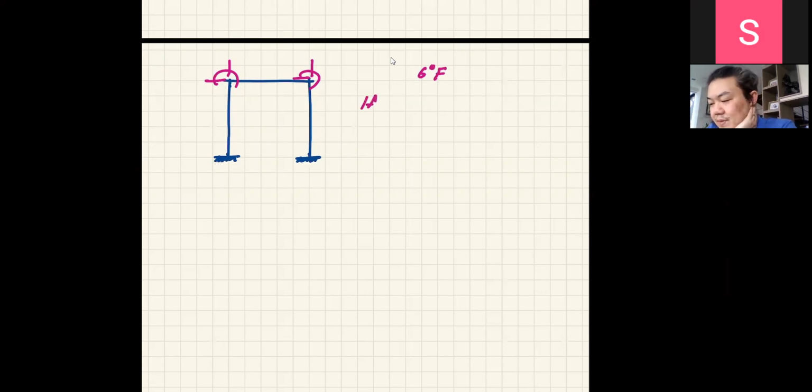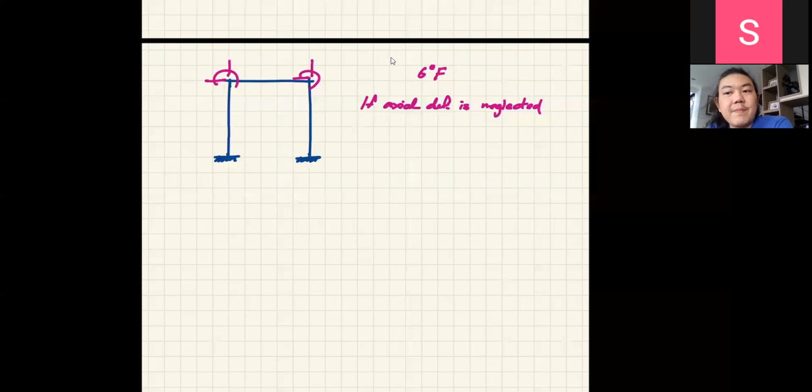So if axial deformation is neglected, that means the axial deformation of the compression or tension members is not important. We can neglect that. So I can remove this, because the axial deformation of the column will not be important.